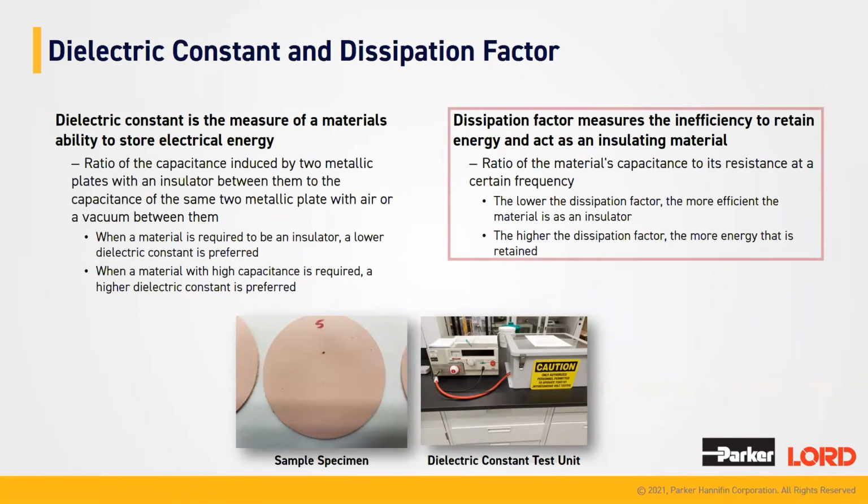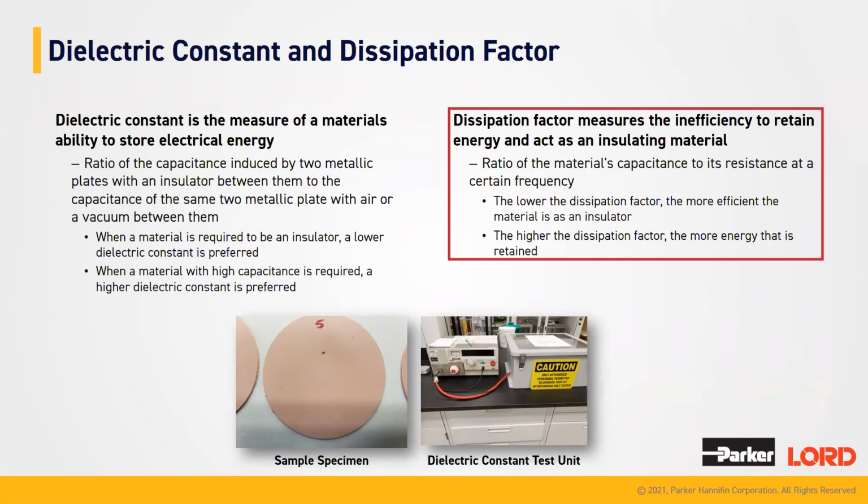Now transitioning on to the dissipation factor. The dissipation factor measures the ability to retain energy and act as an insulating material. It's the ratio of a material's capacitance to its resistance at a certain frequency. And as I mentioned before with the dielectric constant, there is a preference on if you want the material to be more of an insulator.